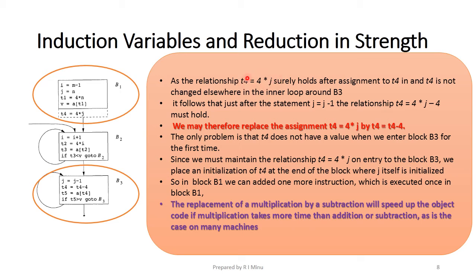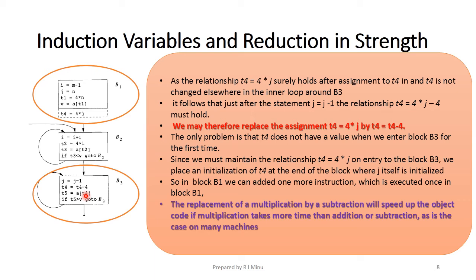Instead of a multiplication operation, we are using a subtraction operation, as whenever J reduces, the T4 value reduces by 4. The only problem is that T4 does not have a value when we enter block 3.